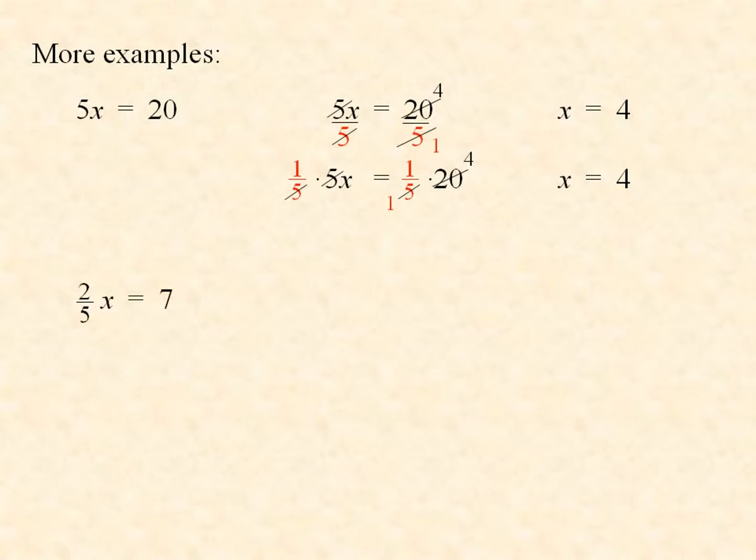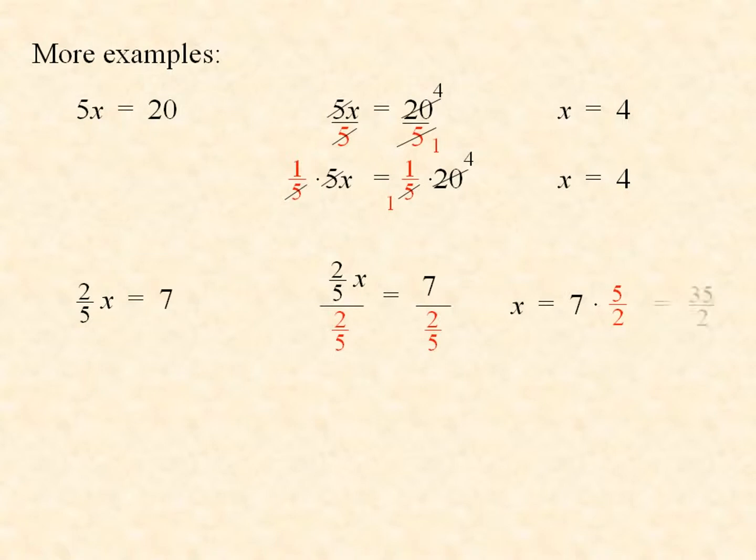Here's another example. 2/5 x equals 7. Again, we could divide both sides by 2/5 to get rid of the coefficient of x. And that gives us x equals 7 times 5 over 2, because 7 divided by 2/5 is 7 times the reciprocal of 2/5.